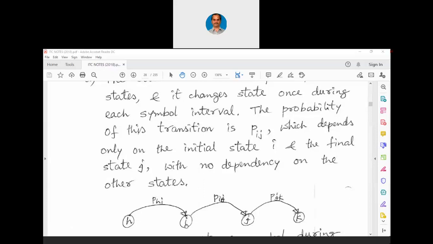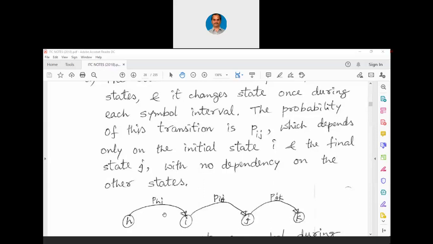From home, I come to 11th cross. From 11th cross, I come to Vinayaka circle. From Vinayaka circle, I come to Guttali underpass. Now, from home, when I come to 11th cross, that is PHI. Then from 11th cross, when I come to Vinayaka circle, it is PIJ. From Vinayaka circle, when I come to Guttali underpass, it is PJK.